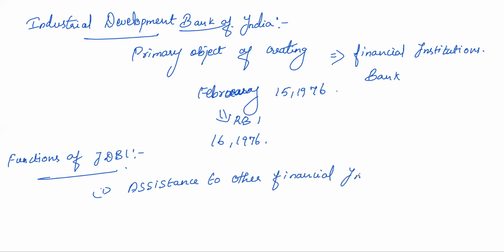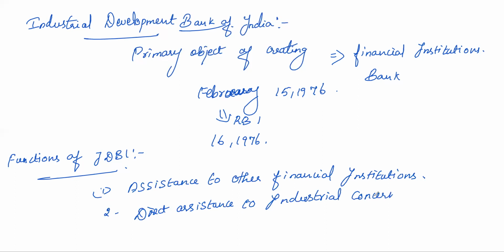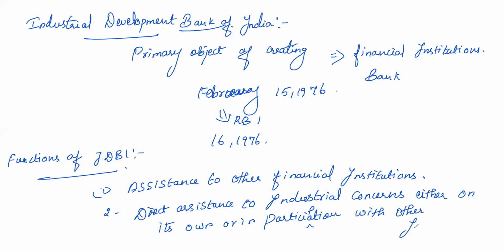Then the second one is direct assistance to industrial concerns, either on its own or in participation with other institutions. That's all.